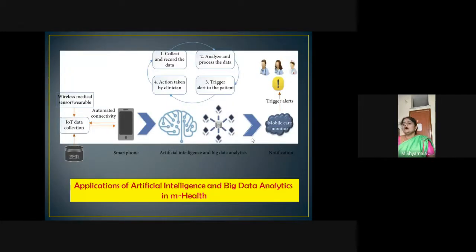Next one is applications of artificial intelligence and big data analysis in M-Health. Nowadays, our entire health condition is automated, and the data are stored on the internet, in data collection servers.